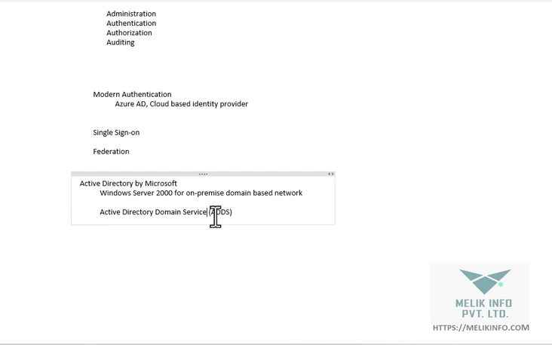It also provides you single sign-on in your on-premise environment. It stores information about your users, devices, and services.